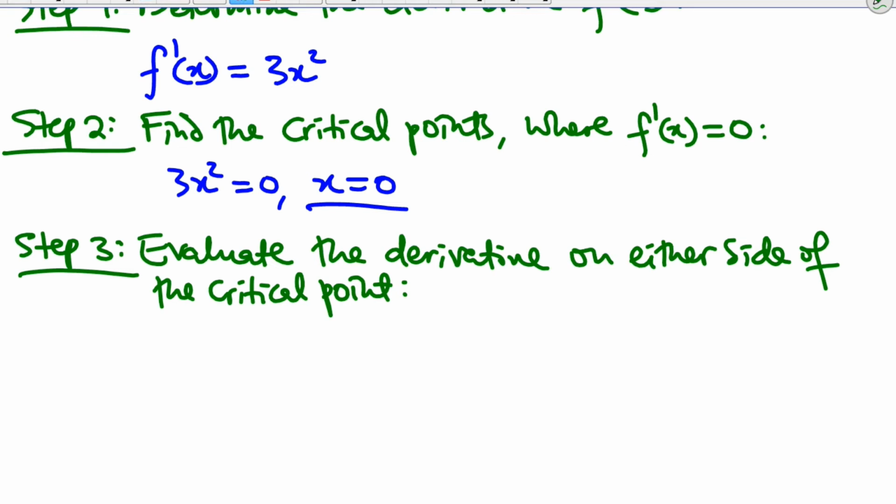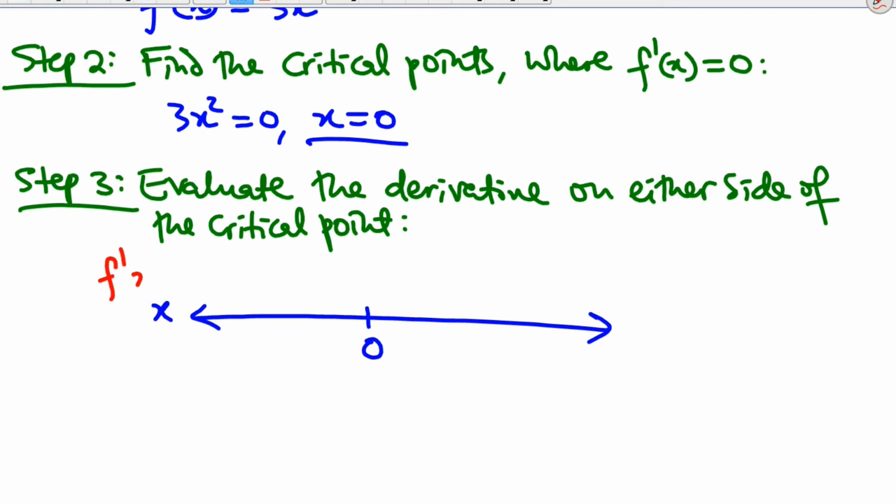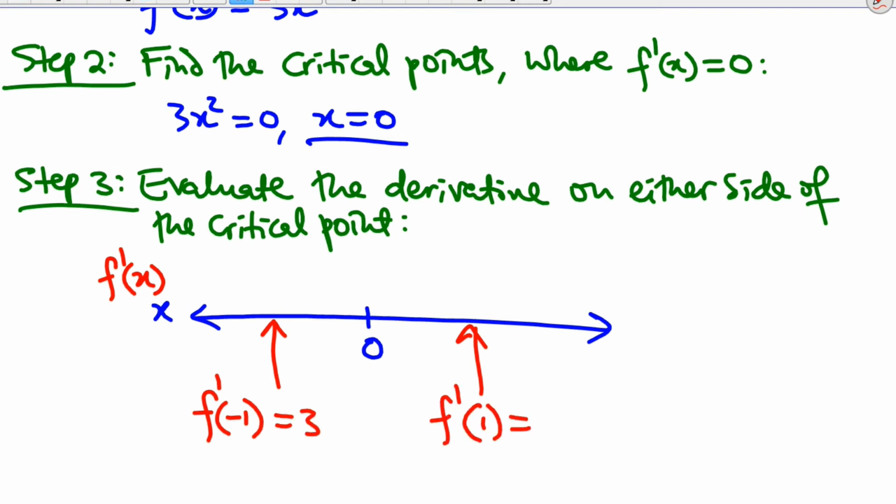Which means we draw a sign diagram for this for values of x. Now here we have 0. We are interested in the signs of the slope, so we pick test points. Here we picked f dash of negative 1, which was 3, and f dash of 1, which was 3 as well.